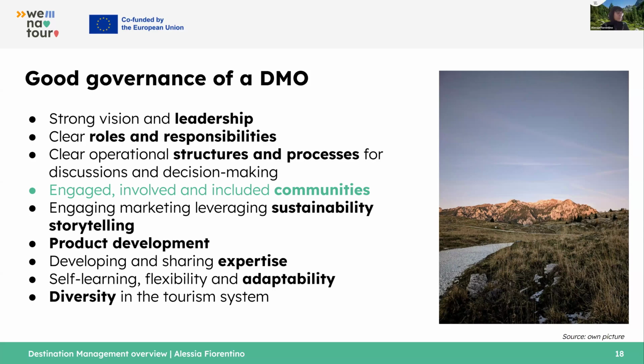Then product development, because the destination does not work if it cannot offer products to its visitors. And to have a product, you need to work on having a solid governance. We have seen that with the bike and hike tourism example. So you need collaboration between public and private to have the product work.